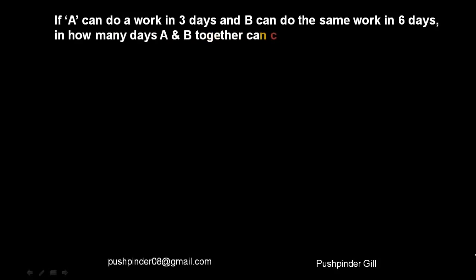So now let us learn one more approach which is quite universal, and you need to learn that approach as well because it is going to help you in complex questions. Now if A can do a work in 3 days and B can do the same work in 6 days, in how many days can A and B together complete the job? Now I'm going to do this question in 2 ways.